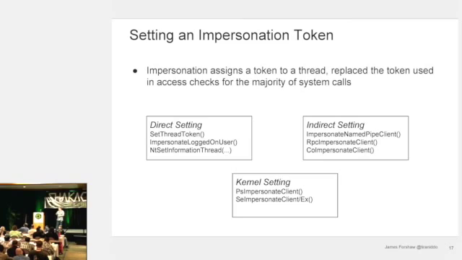Named pipes have a special feature which allows you to impersonate the client end of a named pipe. And there is a special function for that. And you never actually get a direct handle to that access token. It's all managed for you under the hood. You never see it. Finally, obviously, the kernel can itself set impersonation tokens using various different APIs, say PsImpersonateClient.